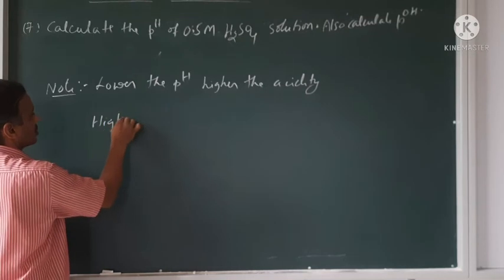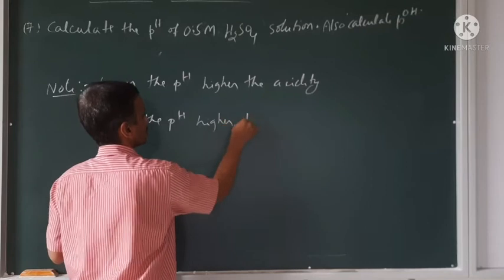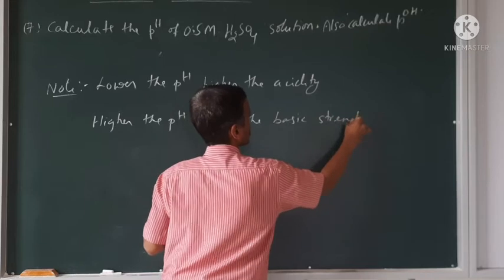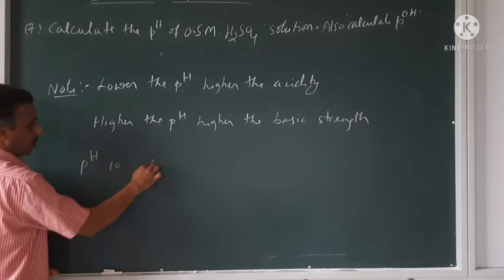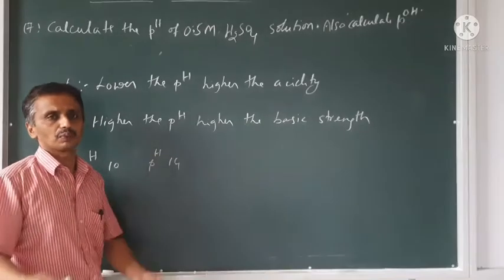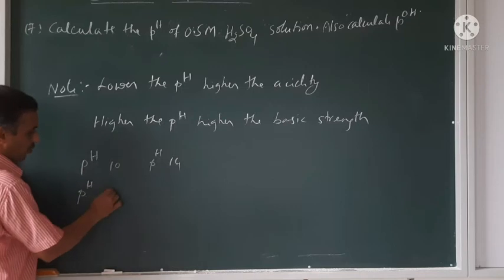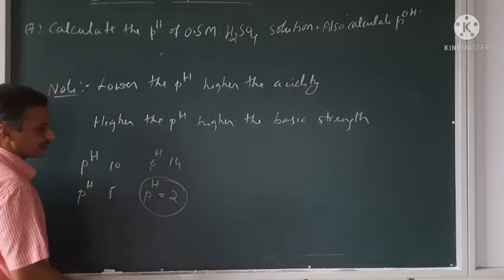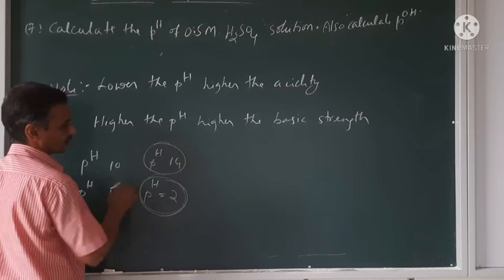Higher the pH, higher the basic strength. See, pH 10, pH 14. Definitely pH 14 has stronger basic strength. Whereas pH 5, pH 2, these have higher acidic strength. Basic strength is higher for this, acidic strength is higher for this.